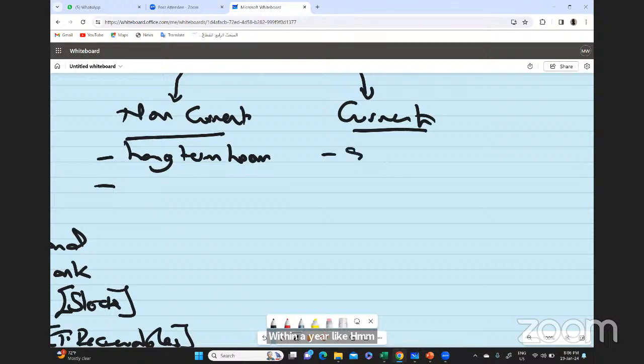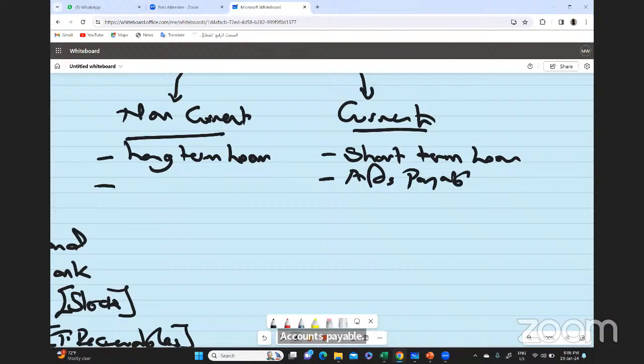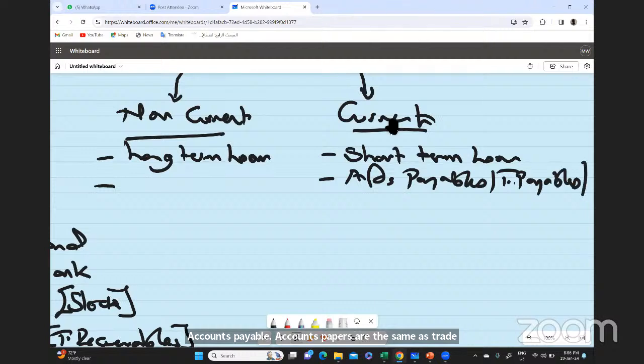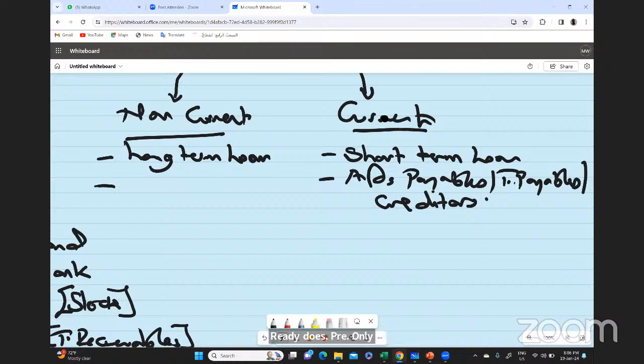Like accounts payable, or a short-term loan. Accounts payables are the same as trade payables, and they are the same as creditors. Please hold these names at your fingertips, we need them.